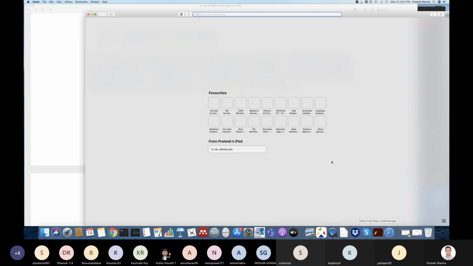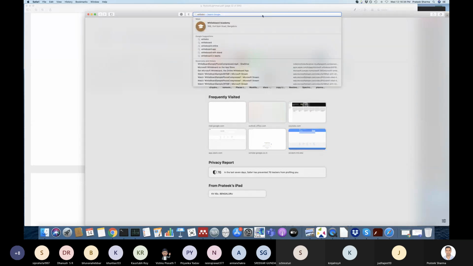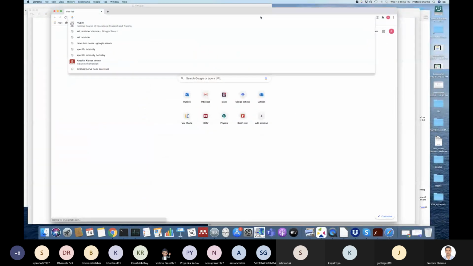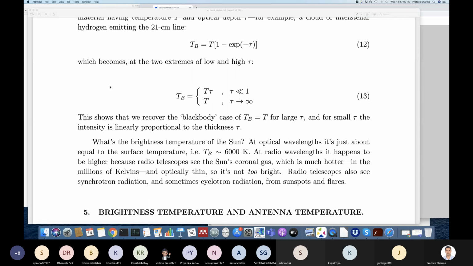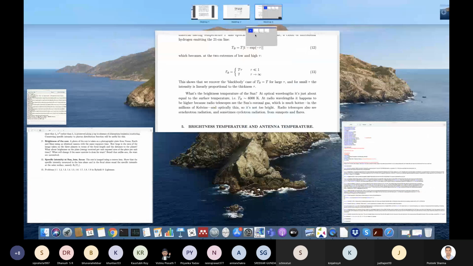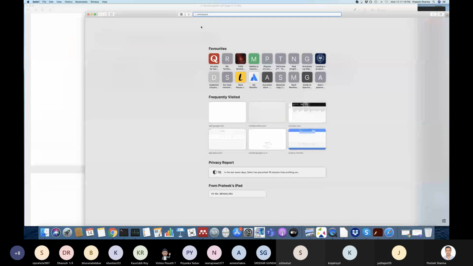So let me actually do one more thing. Whiteboard. What I was trying to do is to get the whiteboard open as well. Okay, here we go.